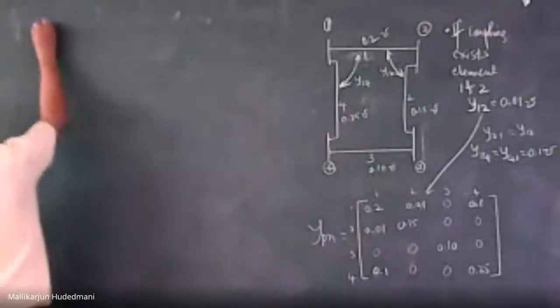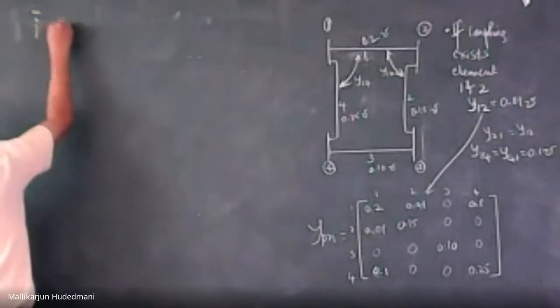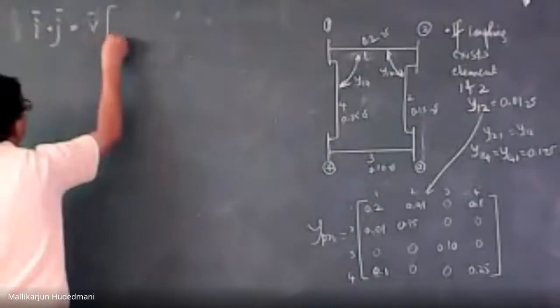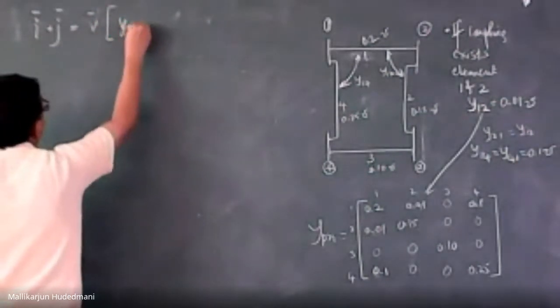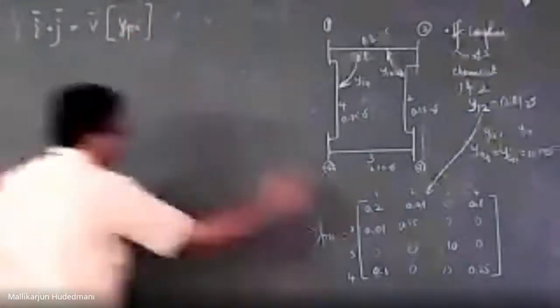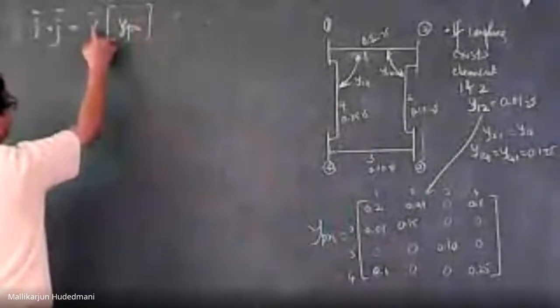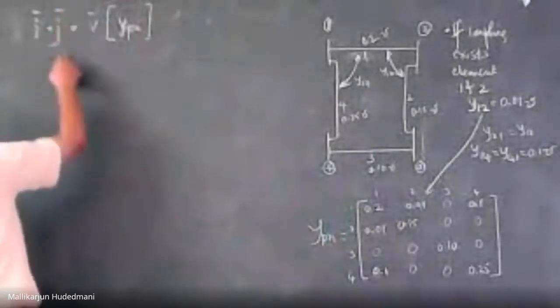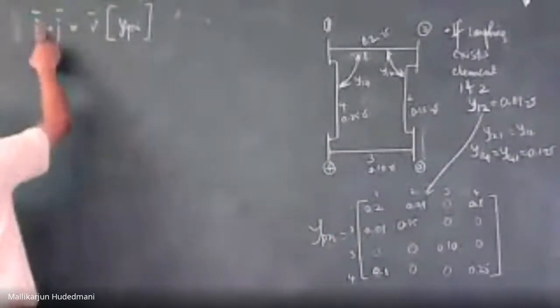So we have an equation I bar plus j bar equal to y primitive times v bar. I was speaking over here. This primitive matrix is a matrix like this in this position. These v1, v2, v3 are the vectors of voltages. j1, j2, j3 are the vector of current. I1, I2, I3 are the vector of current.